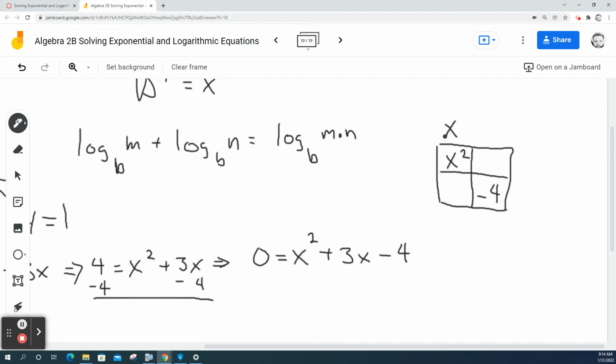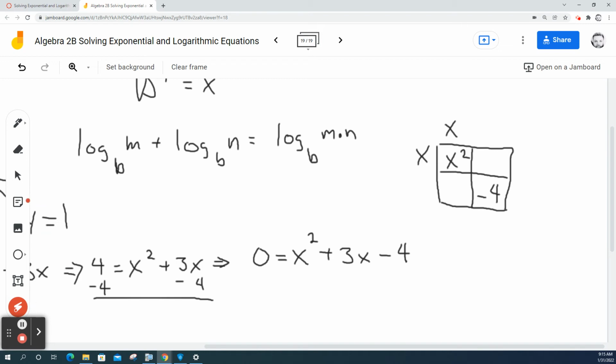So x times x gives me my x squared. Now I got to think of two numbers that when I multiply them, they equal -4, but when I add them up, they equal +3. Well, the only factors of 4 are 1 and 4 and 2 and 2.